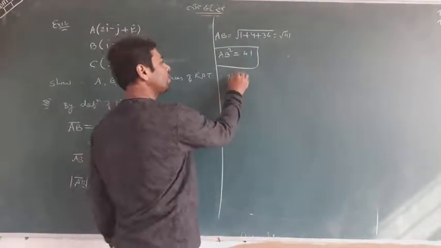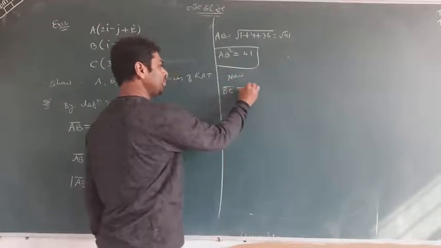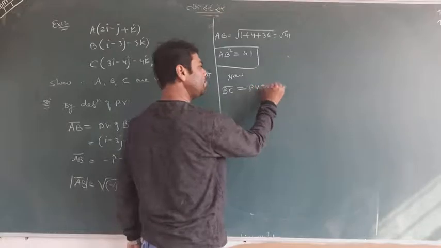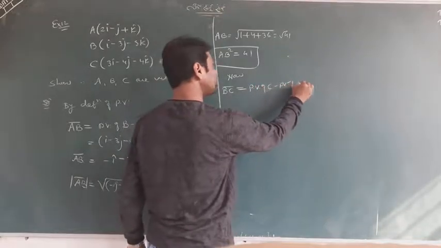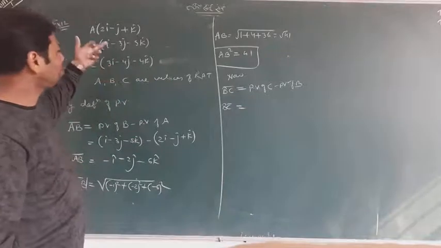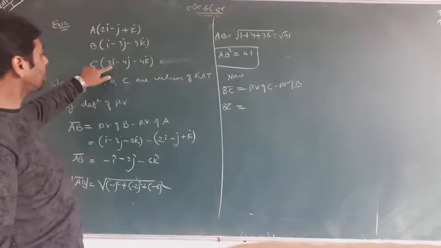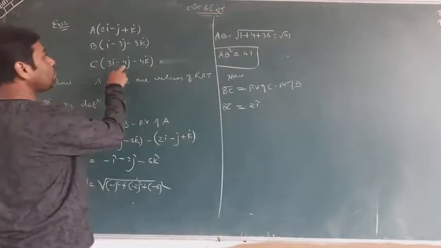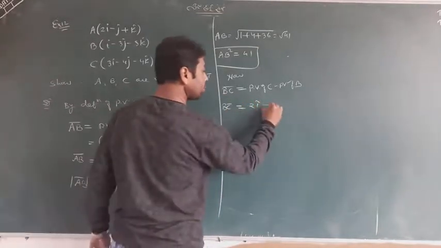Now I'll go with BC. This was AB. Position vector of C minus position vector of B. Do it directly now. I'm doing directly: 3i minus i is 2i. Minus 4j plus 3j will be minus j.